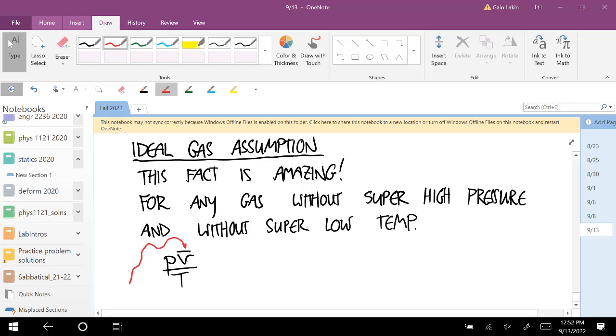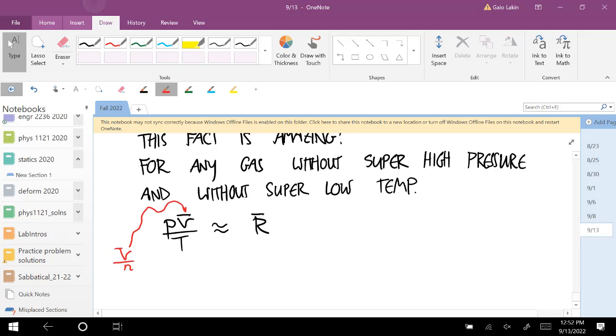Remember that an overbar always means a specific value per mole, so this is the volume divided by the number of moles. No matter what gas you're talking about, what temperature and what pressure, as long as they're not too extreme, this comes out to be the same value. That's amazing.